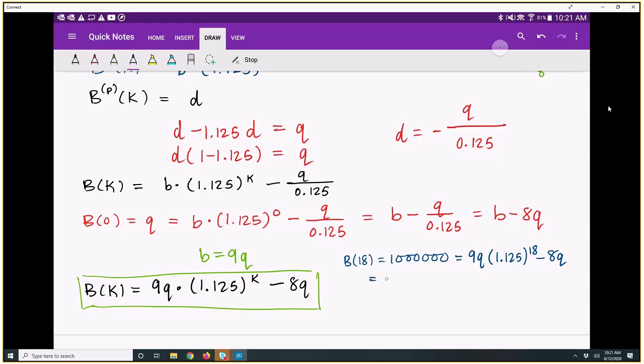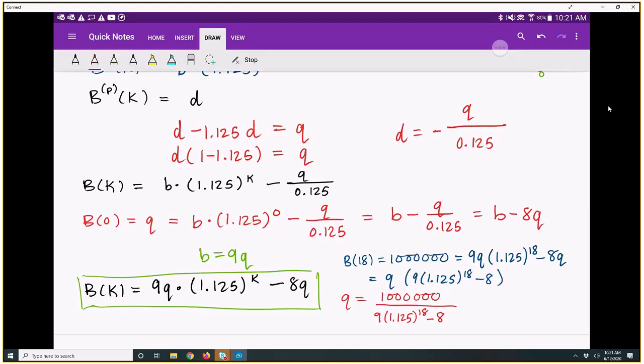So that's equal to, I'm trying to solve for q, so I'm going to factor it out. q times (9 times 1.125 to the power 18 minus 8). So then q is equal to 1 million divided by (9 times 1.125 to the power 18 minus 8).